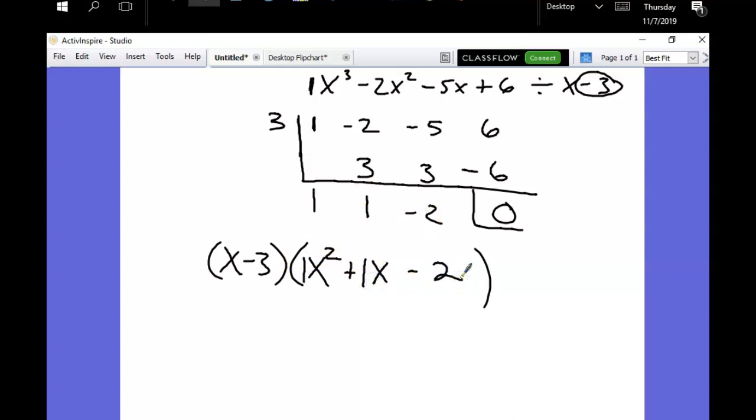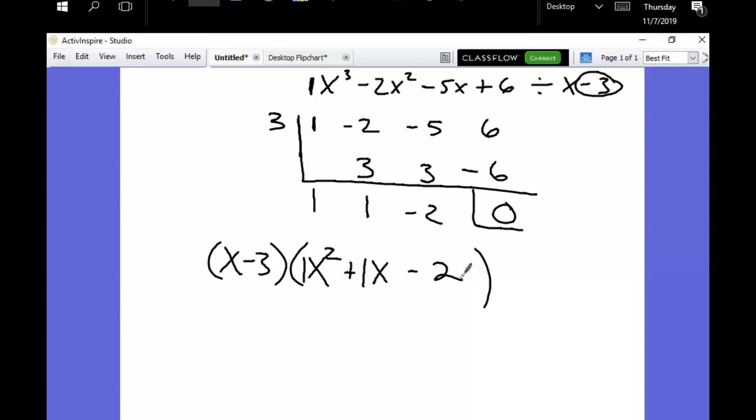So I just factored it. Okay? Now that I've got it factored, let's go ahead and see if the box method works. I think it's going to work.